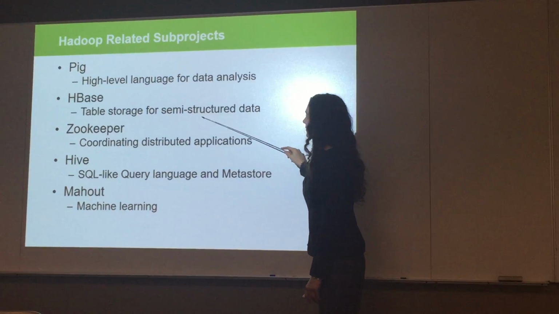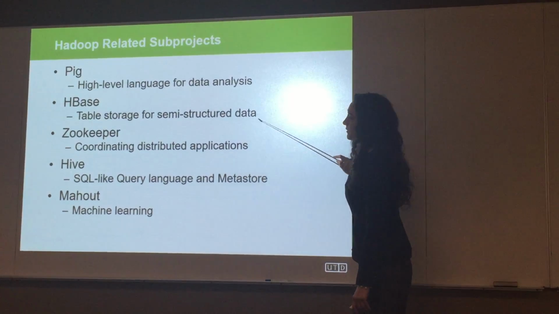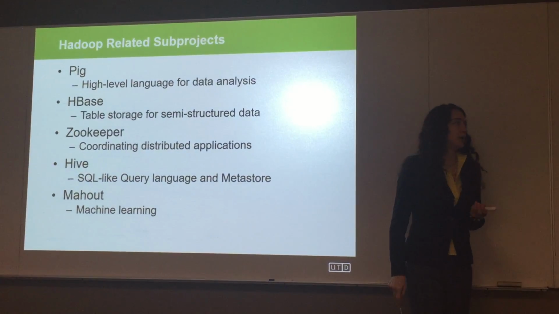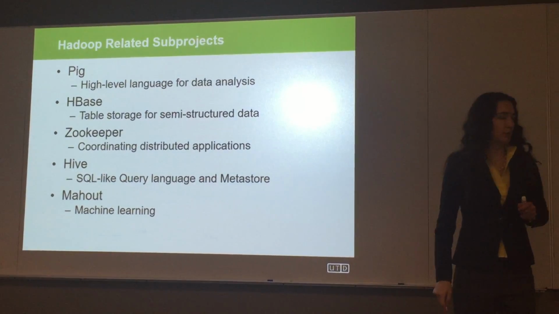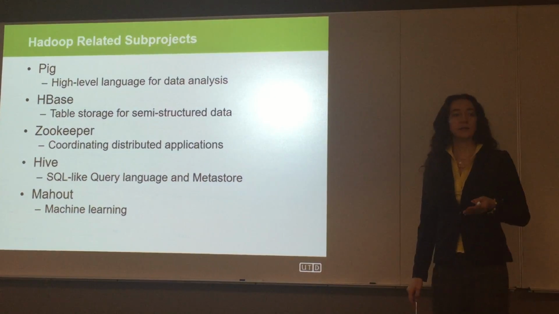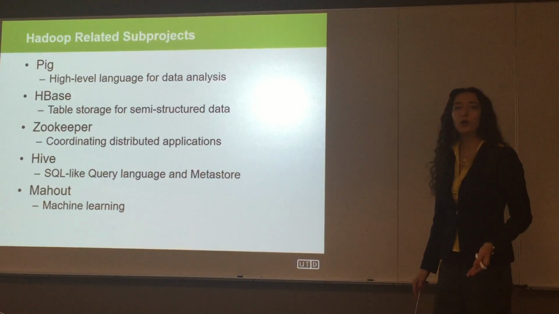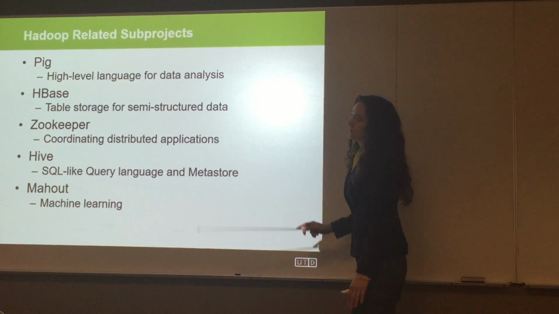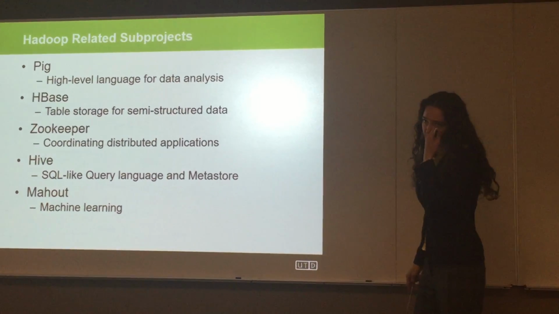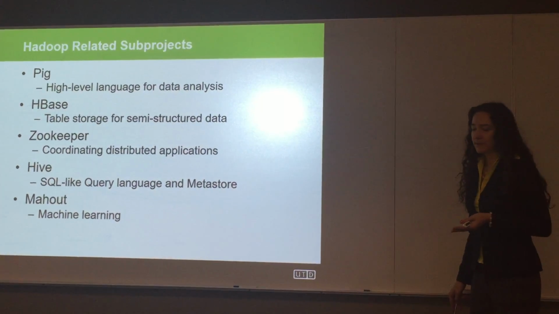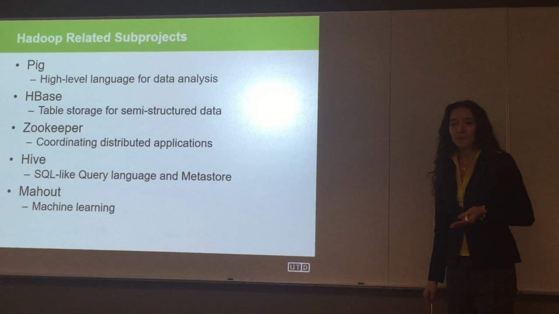HBase is a system for storing data similar to a relational database management system, but it's on the cluster, and it can store data that's not necessarily in a raw column format as a table. That's called semi-structured. Let's say there is an XML file. So the XML file has tags similar to an HTML file.